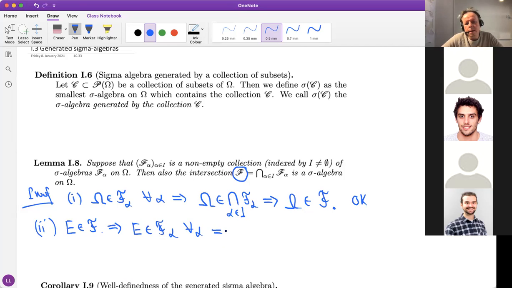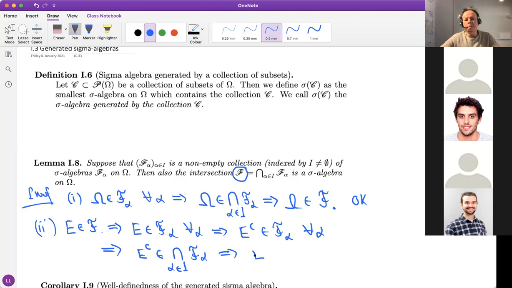So that means that the complement of E is also in F alpha, and that's true for every alpha. So the complement of E is also a member of the intersection of F alpha when we take all F alphas. And that means that the complement of E is actually in F, because that intersection was F. The second property is okay as well.